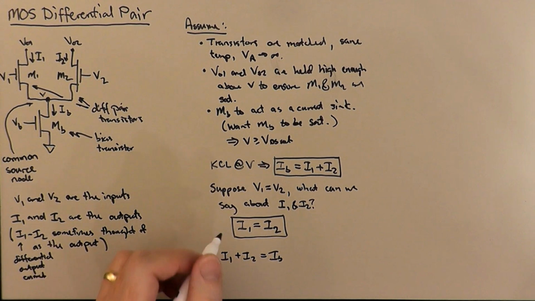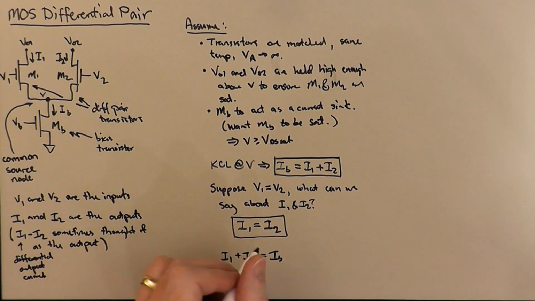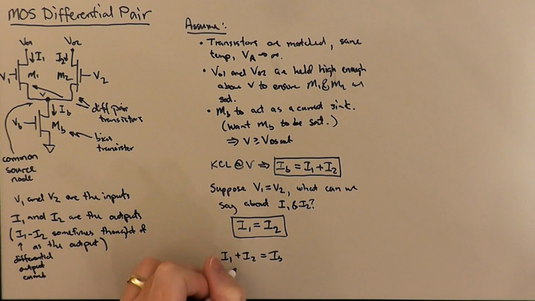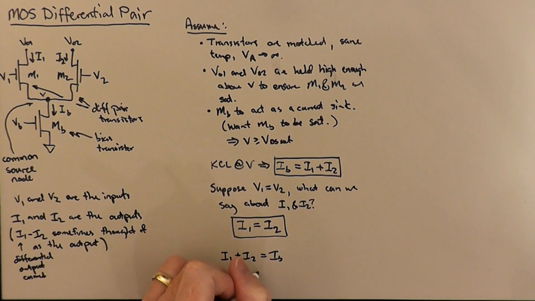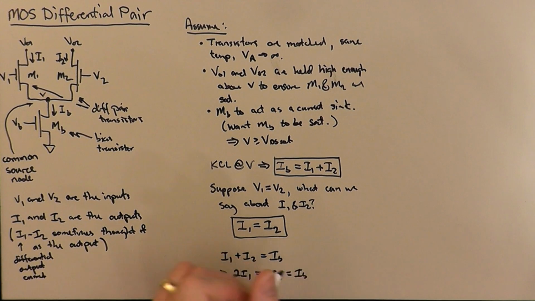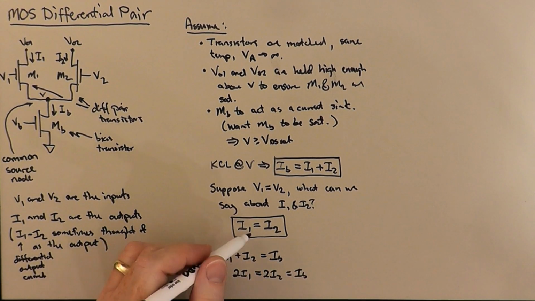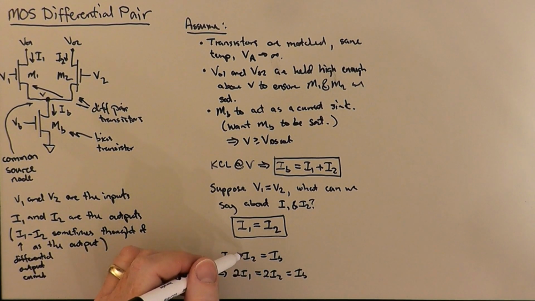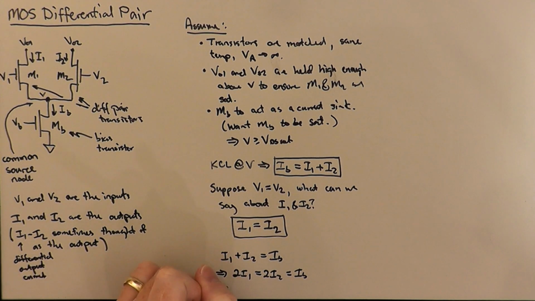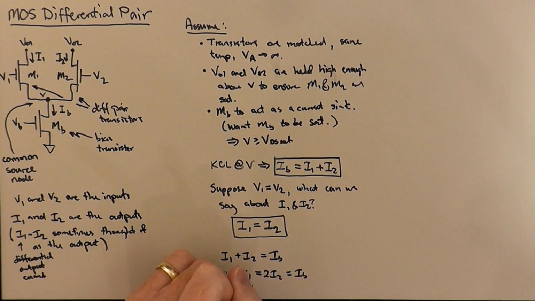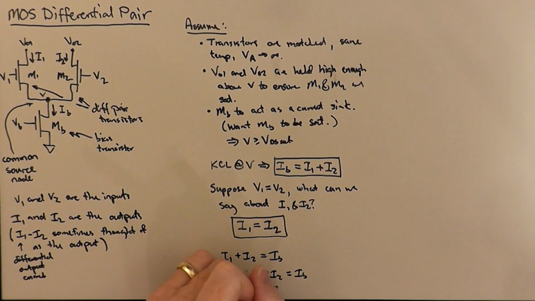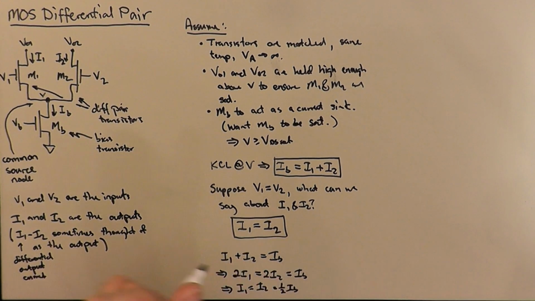Well, if I1 equals I2, that implies that 2I1 equals 2I2 equals IB, because we can substitute I2 for I1 or I1 for I2, and so by dividing both sides by 2, we know that I1 equals I2 equals half of IB.